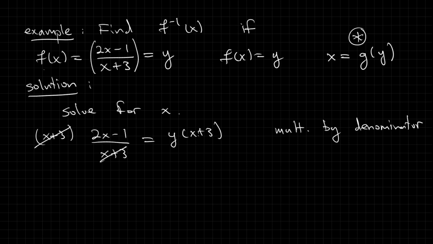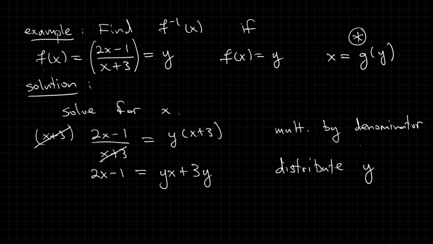So the x plus 3's will cancel, and the next thing I'll do is distribute this y. So 2x minus 1 equals yx plus 3y. Now, any term that has an x, I'm going to move to one side, and anything without an x, I'll move to the other.